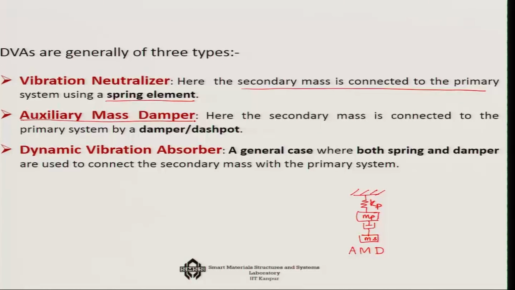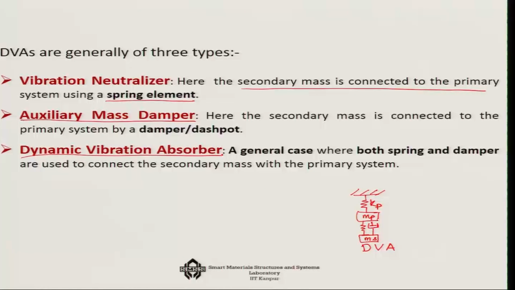In the third case, we will have both spring as well as damper. This is the most generalized case, and we are going to call it DVA, or dynamic vibration absorber.